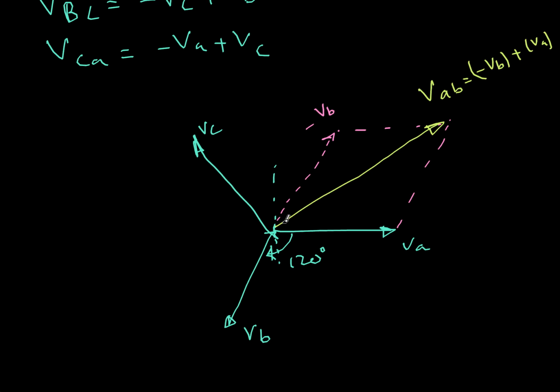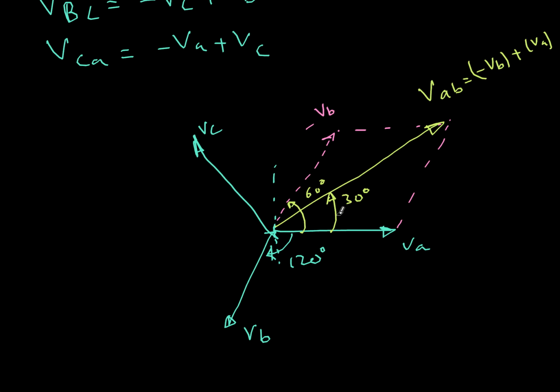Now you will notice that this total angle will be 60 degrees, because this side is 120 and this entire angle will be 180, so the other angle will be 60. And since the lengths of VA and VB are the same, this will exactly bisect that angle, so this angle will be 30 degrees.